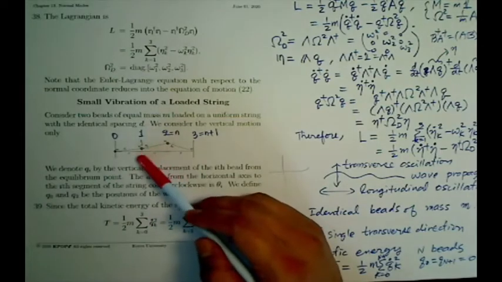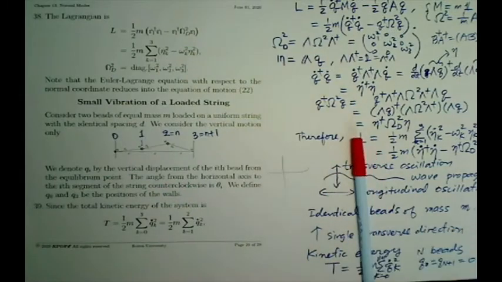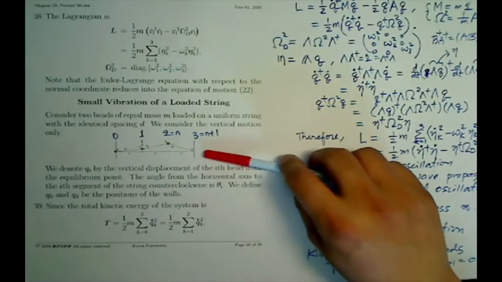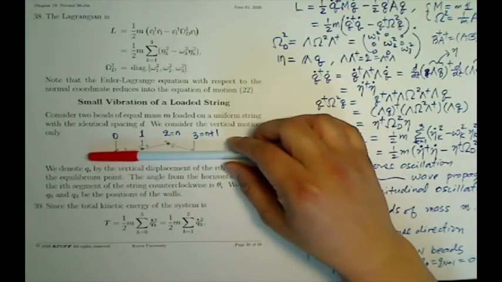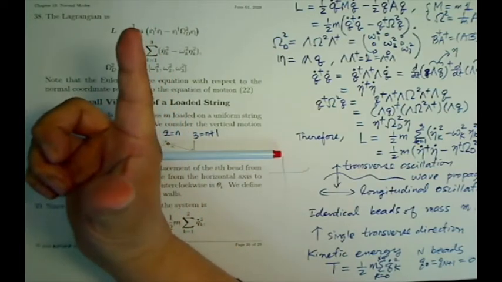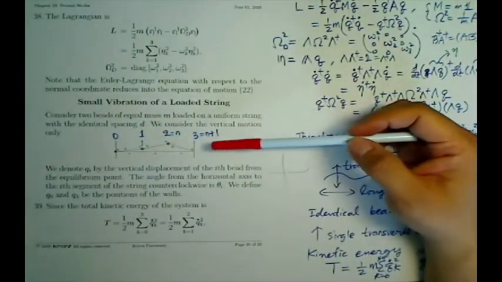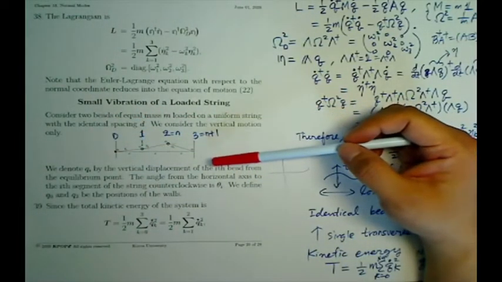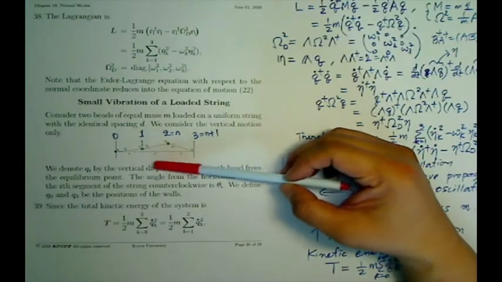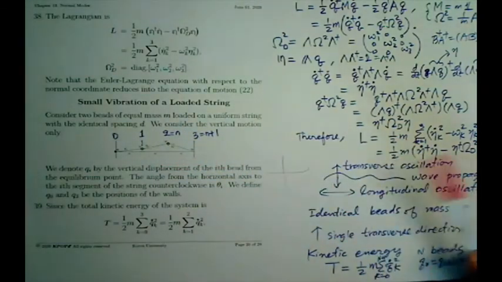All right, and we consider the transverse motion, and there are two transverse directions. If we consider x as the horizontal axis, we have two more axes, two transverse axes, y and z axis. However, in order to simplify our problem, we consider that there is only a single transverse direction.